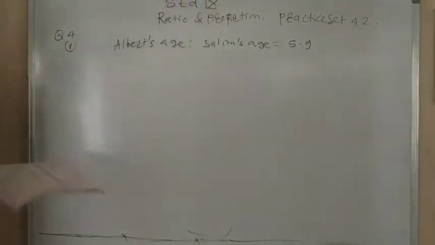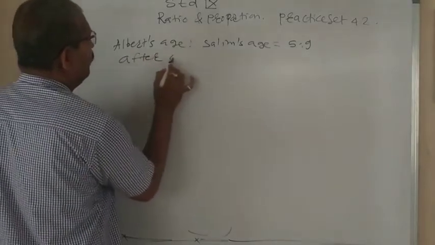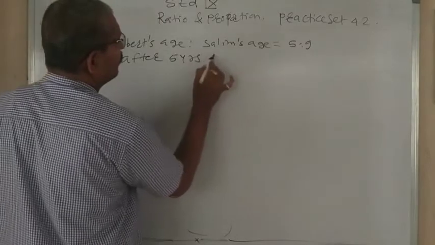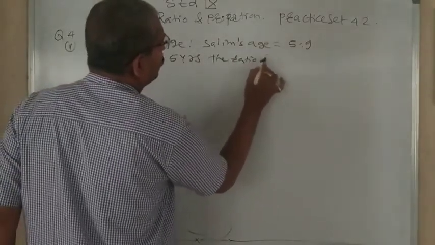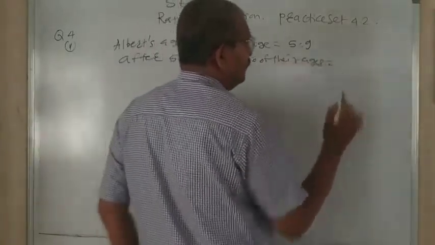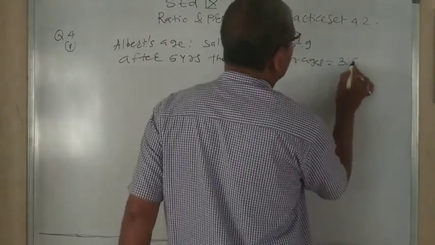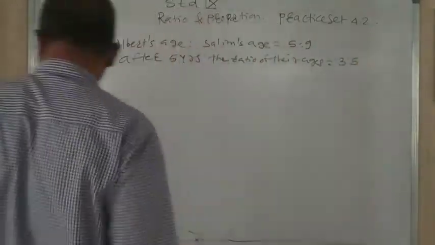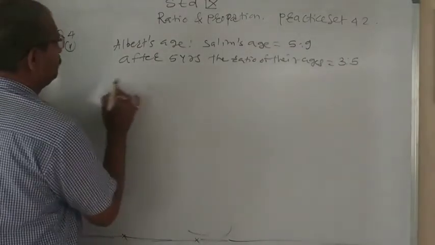In 5 years hence, after 5 years, the ratio of their ages is equal to 3:5. Okay. So simple. We will try.